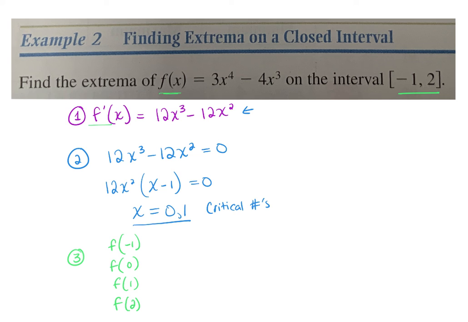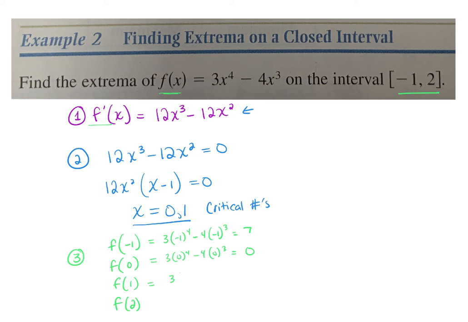So for this particular process, we are plugging them into our original, which is 3 times (-1) to the 4th minus 4 times (-1) cubed. All right, so when I plug in a -1, I get 3 plus 4, right? 7. 3 times 0 to the 4th minus 4 times 0 cubed, 0 gives me 0, right?